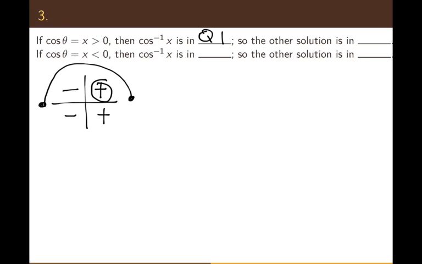And it will have a second solution, which will reside in quadrant 4. And when it's negative, cosine inverse is going to be in the second quadrant, quadrant 2, and the other solution is going to be in quadrant 3.